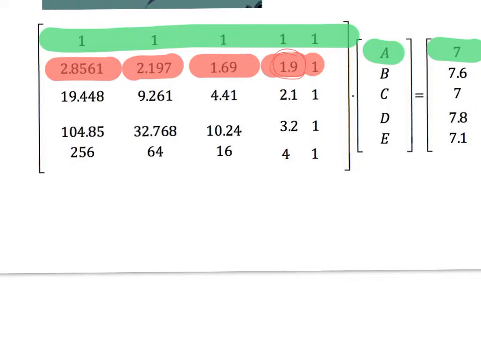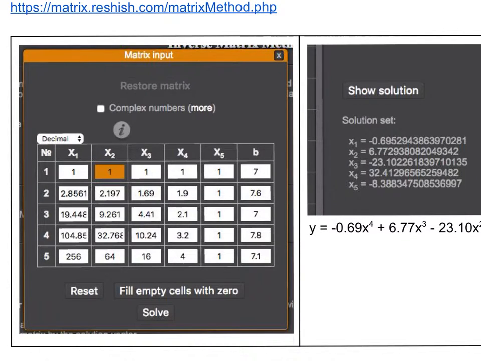Here we used an online matrix calculator, and what we did was we took this and used this matrix.reshish.com thing. I inputted my matrix. I had to use a 5 by 5. And I'm going to use the inverse method for this. So we input the matrix into this setup here.